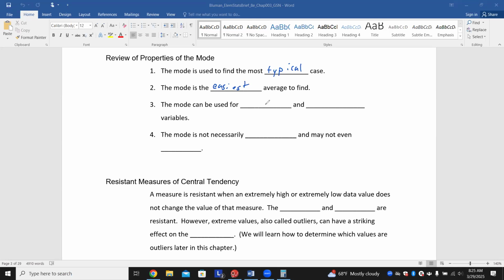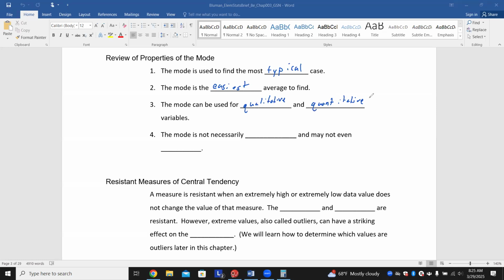The mode can be used for qualitative and quantitative data. So I could be looking at, I don't know, the color that shirts people wear, and I could see that the mode might be blue or red or green or whatever the case might be. And I can easily identify that also with mode.